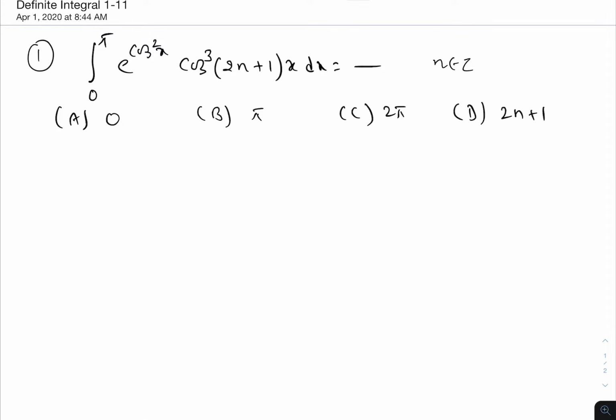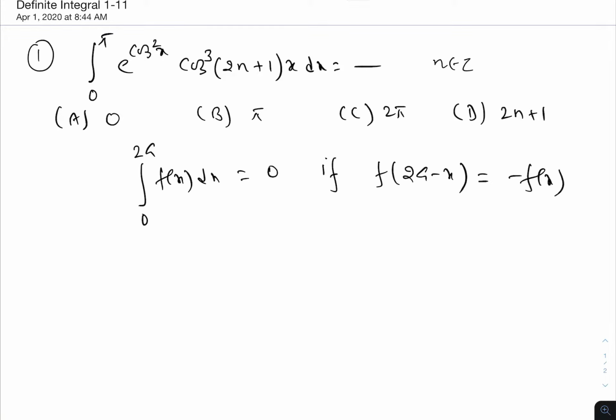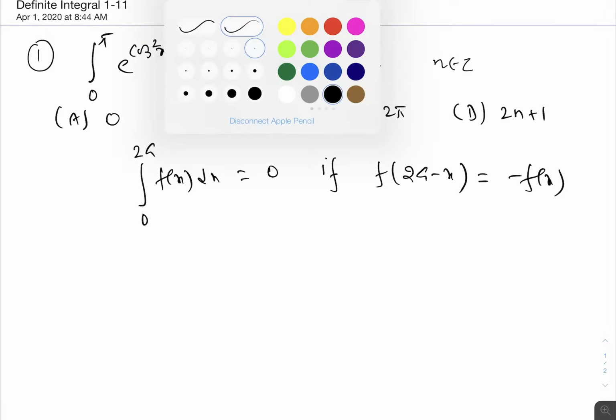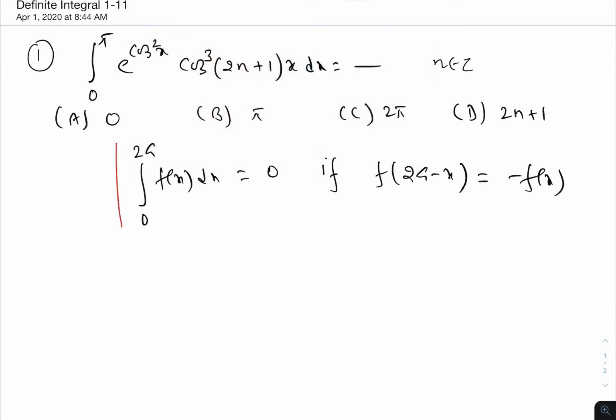So here there is one property that we know: the integration from 0 to 2a of f of x dx equals 0 when f of 2a minus x equals minus f of x. So this is a property that we can use here.